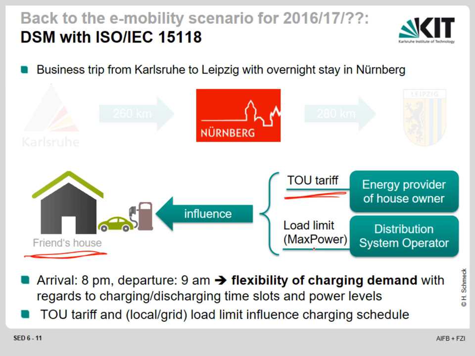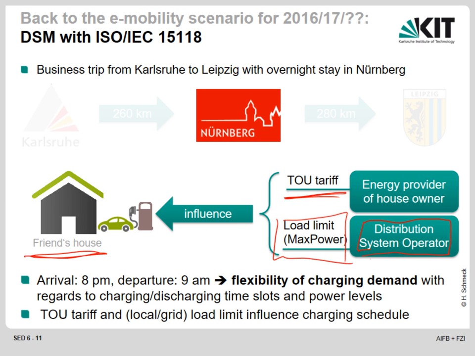You have certain local load limits. You don't know what happens in the vicinity. Maybe there are many vehicle owners there who want to have their vehicles recharged, and so the distribution system operator will enforce certain load limits.